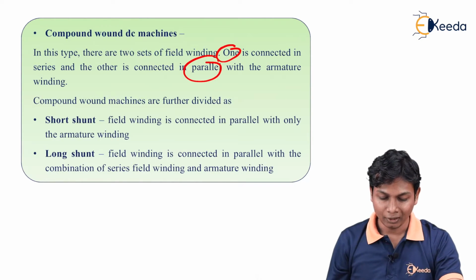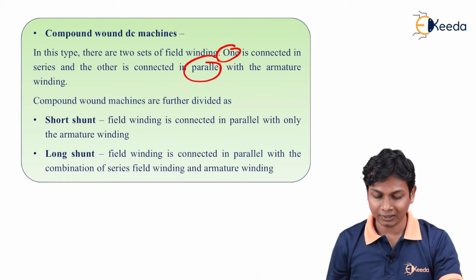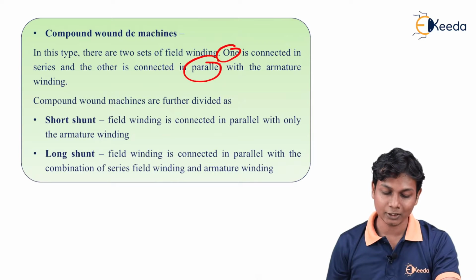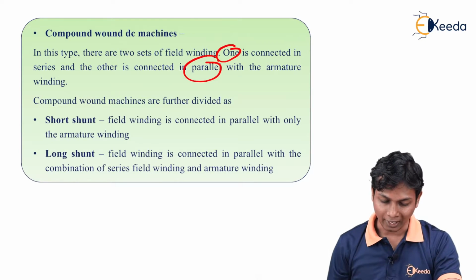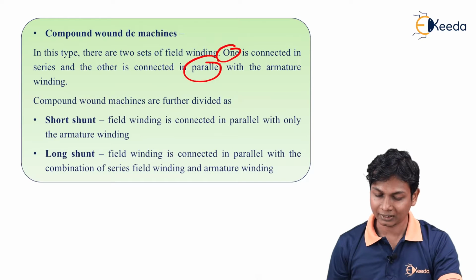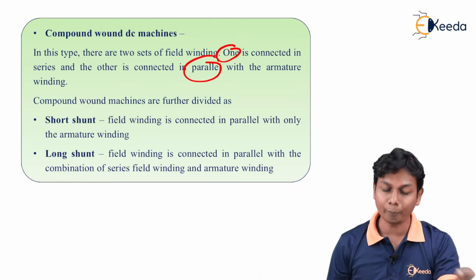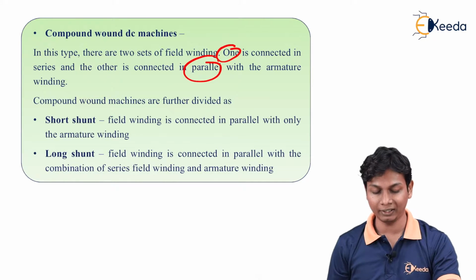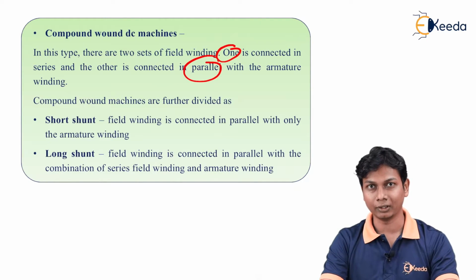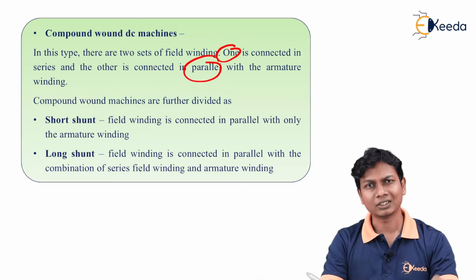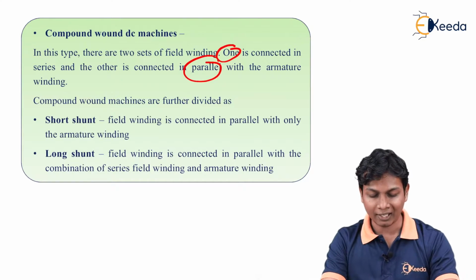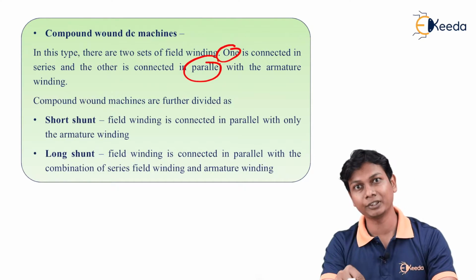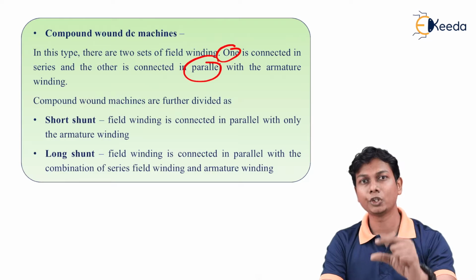When the field winding is connected in parallel with only the armature winding, that is called short shunt, and if the field winding is connected in parallel with the combination of the series field winding and the armature winding, that is called long shunt. So, as you know, logically, if the field winding is connected with only the armature winding, you require short shunt.